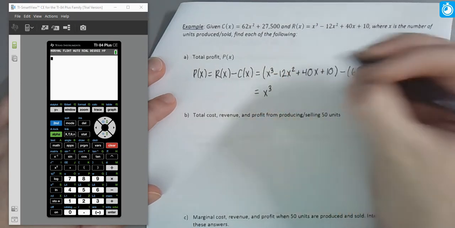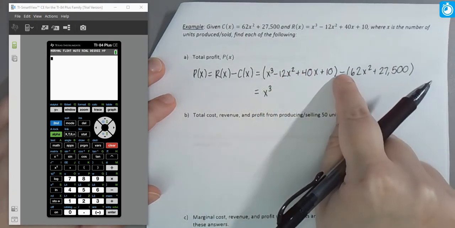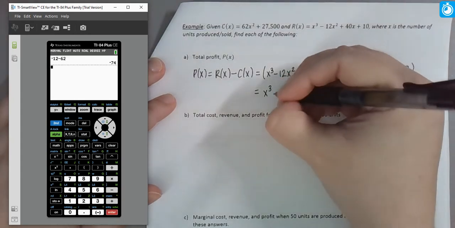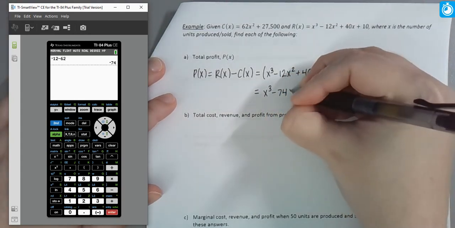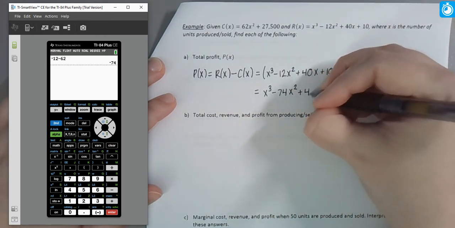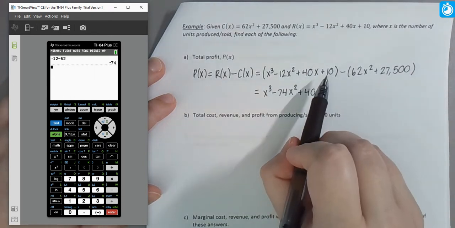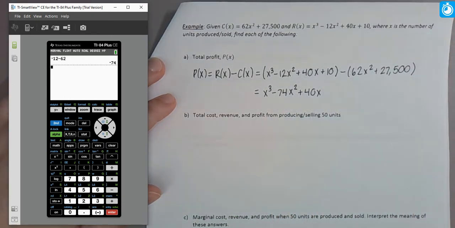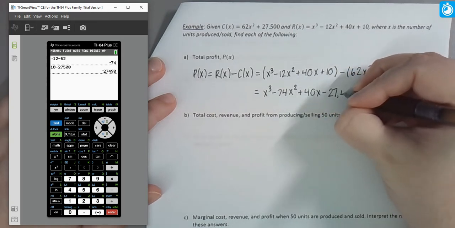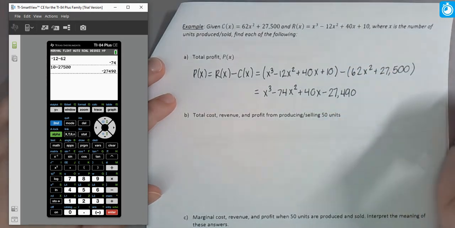So x cubed, now we have negative 12x squared minus 62x squared, so negative 12 minus 62, that's going to be negative 74, so negative 74x squared plus 40x, and positive 10 minus 27,500, negative 27,490. And you can put the comma in, you can leave it off, it's your choice.